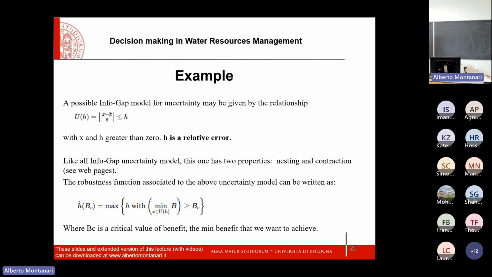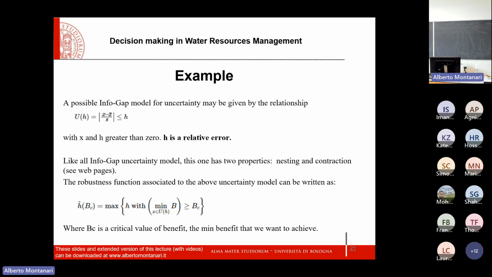So the result is that the error that we realize once we see the future may be larger than S. This X minus X hat may be larger than S. And then this ratio in absolute value is larger than 1. If the future error is larger than S, this is possible.